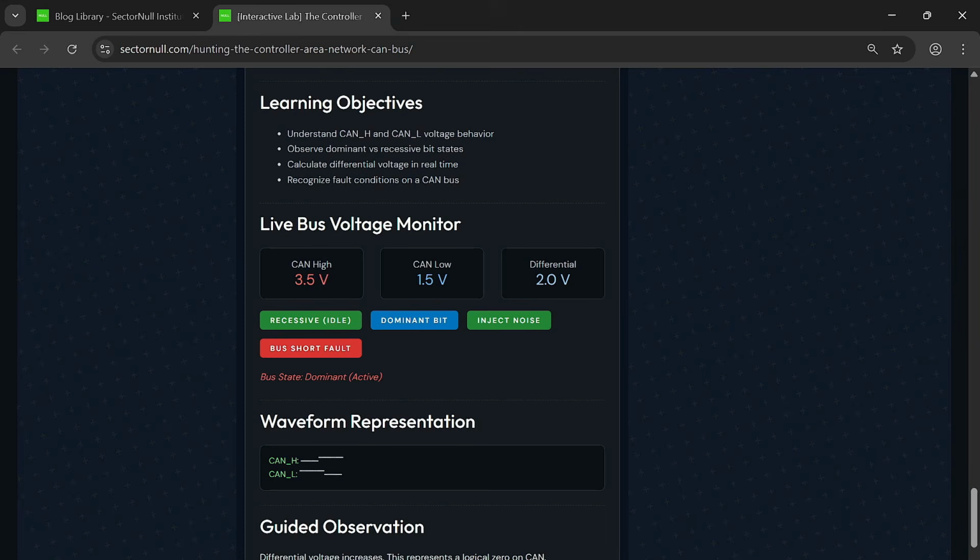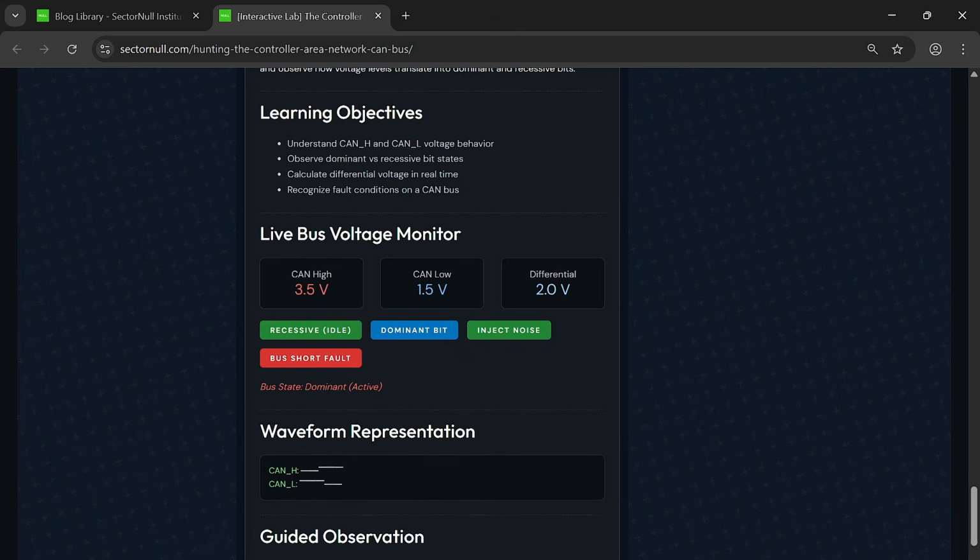In any electronic control unit or engine control unit, asserting a dominant bit will override a recessive one. By the way, in cars this happens in milliseconds, but we are slowing down here to understand better. And this is why attackers love CAN.